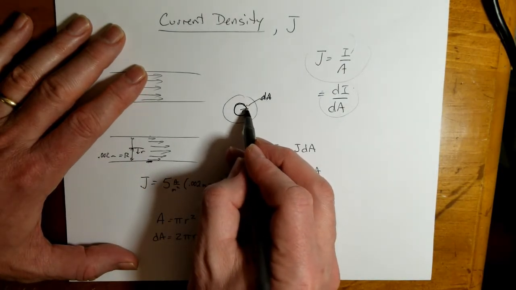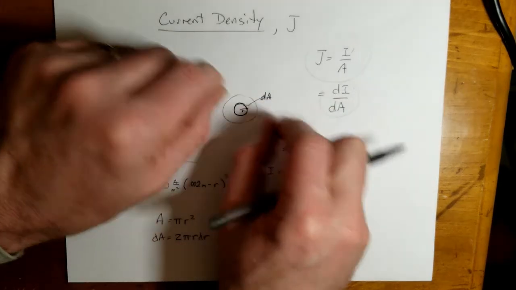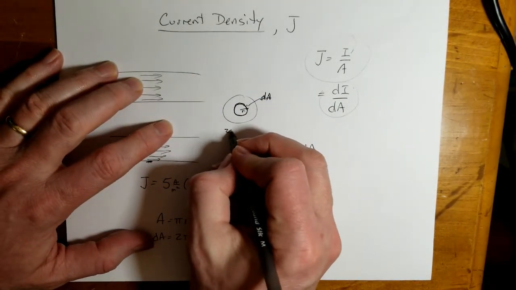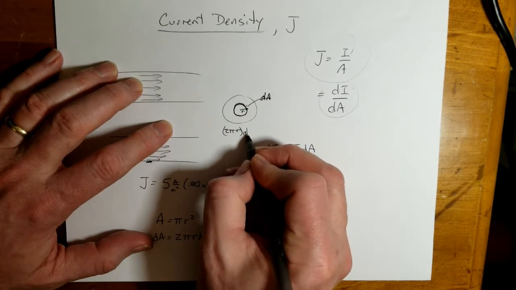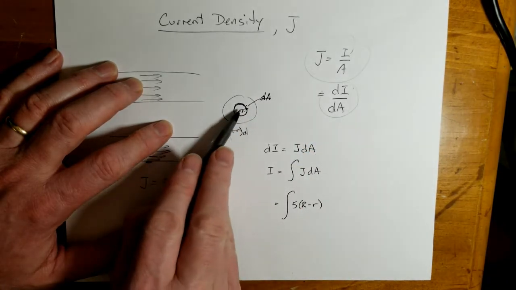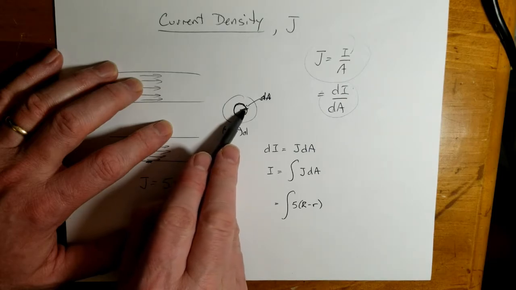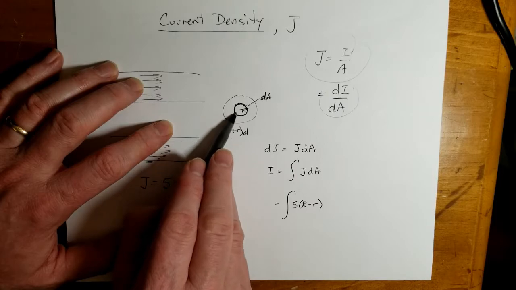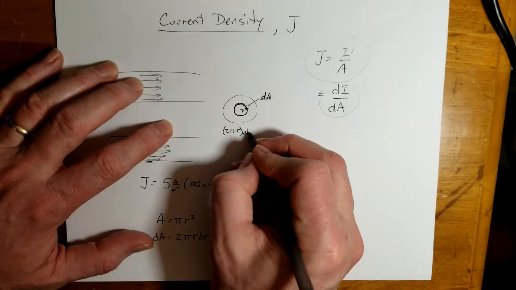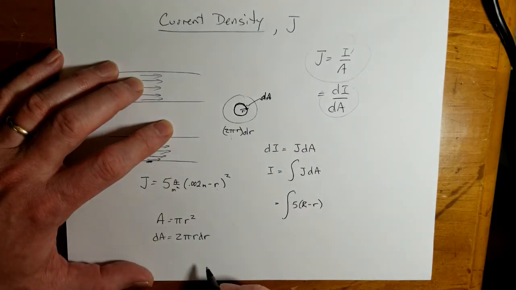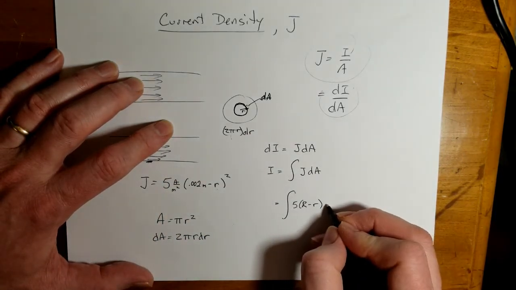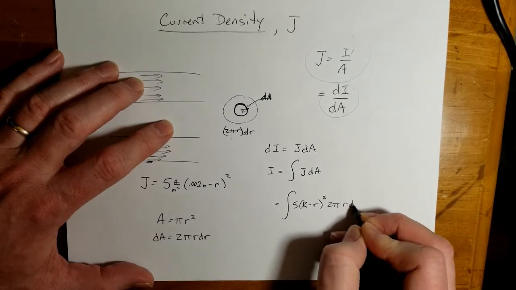Then if I cut this right here and sort of stretched it out, the length of it would be 2 pi r, and the thickness of it is just the differential of r, because we're at some r here, some r there. There's just an infinitesimally small difference between the inside and outside of this annular cylinder, or circle, however you want to look at it. And so that's another way of finding dA. So this becomes, and that was squared, and this is 2 pi r dr.